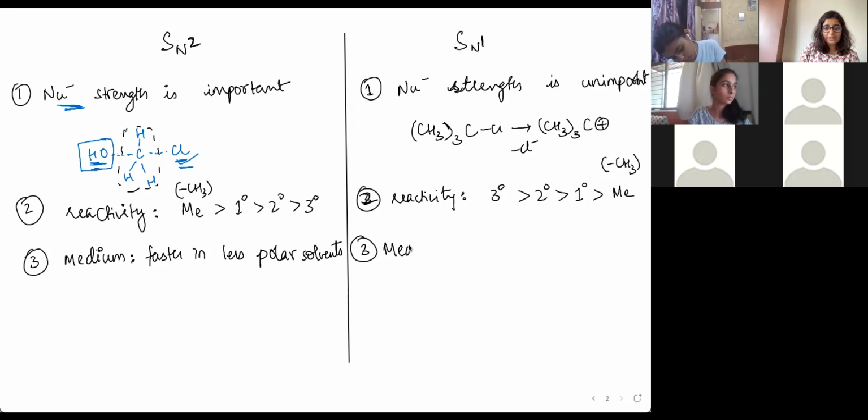So in terms of medium, like a good ionizing solvent required to stabilize the carbocation.